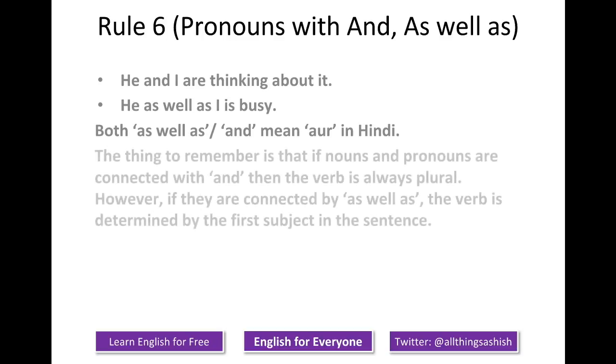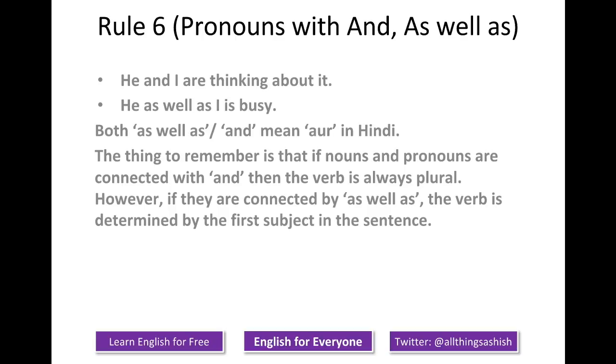The thing to remember is that if nouns and pronouns are connected with and, then the verb is always plural. However, if they are connected by as well as, the verb is determined by the first subject in the sentence.